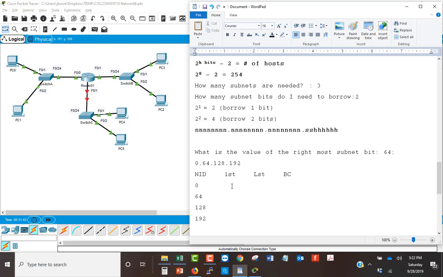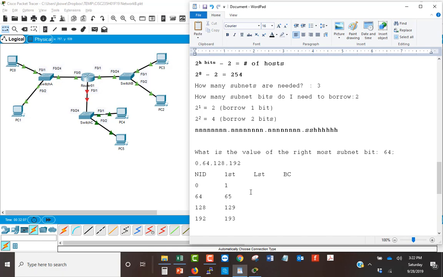So my first address on the first network, and I'm going to be lettering these networks, is 1, then I've got 65, then I've got 129, then I've got 193.